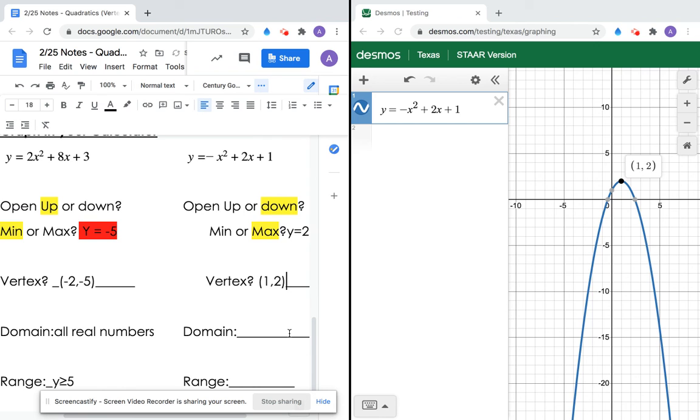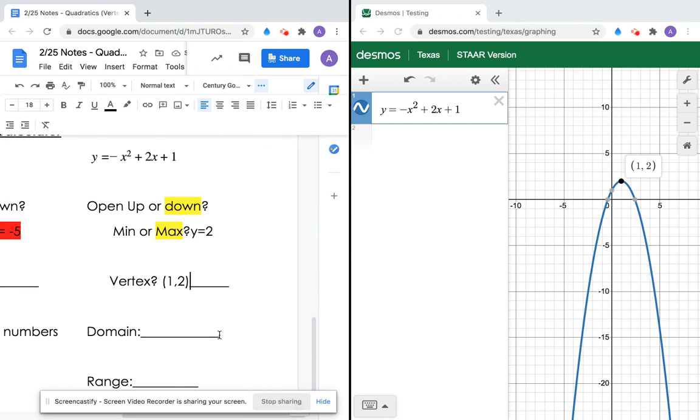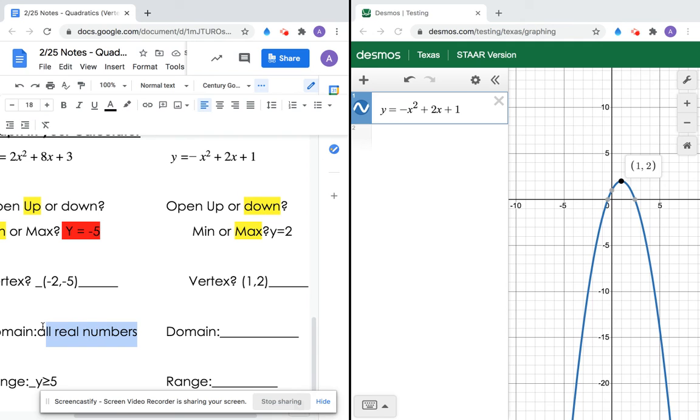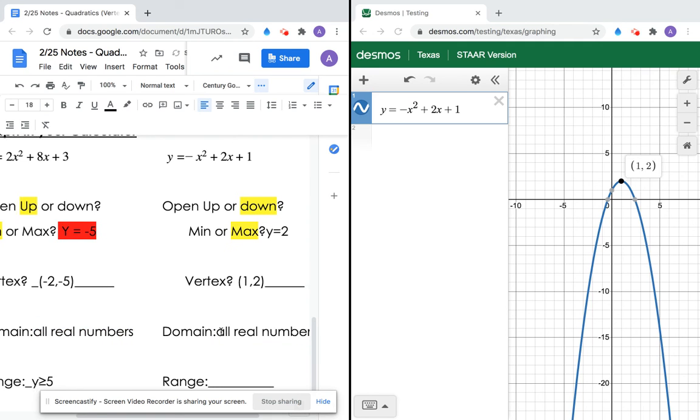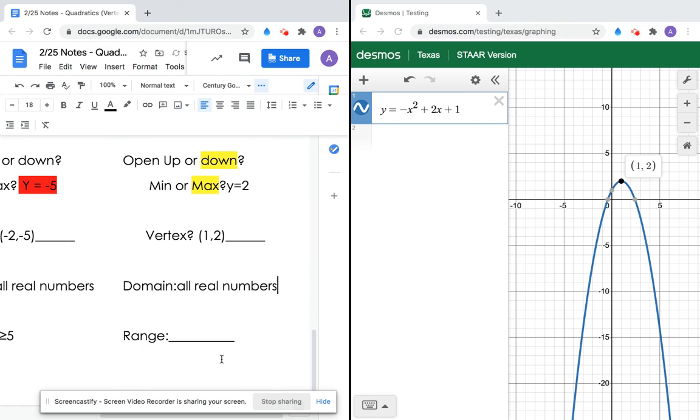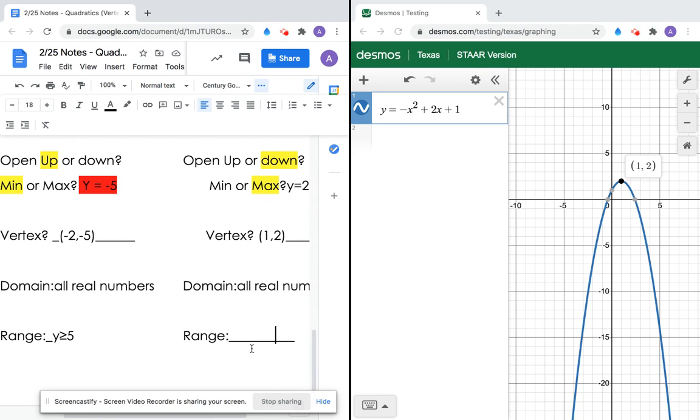So you always want to write it as a point. Your domain will be all real numbers, so I will just copy and paste this here. And your range will depend on whether your graph is opening up or down. Since your graph is opening down and you look at the highest y value, it's going to be at +2, and it's all the y values that are less than or equal to +2.